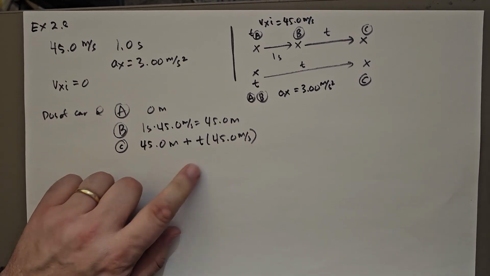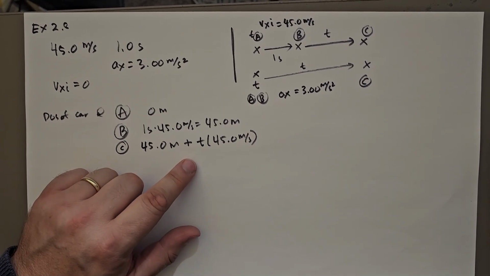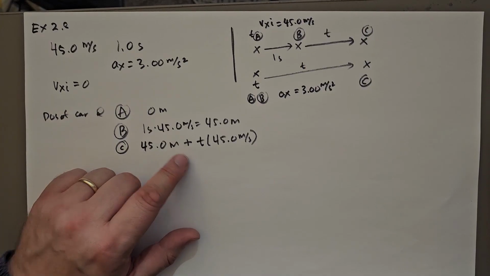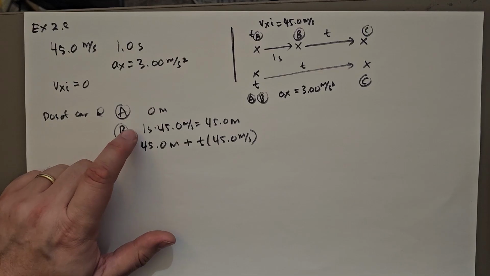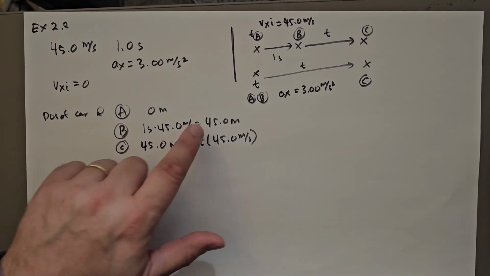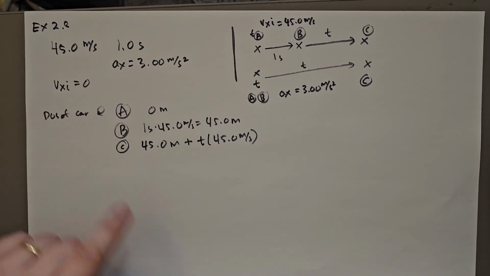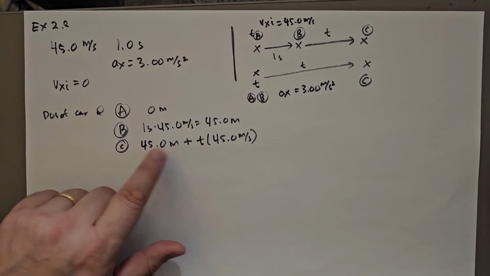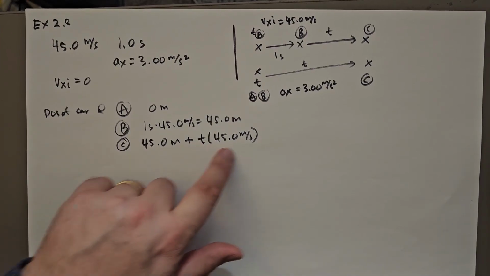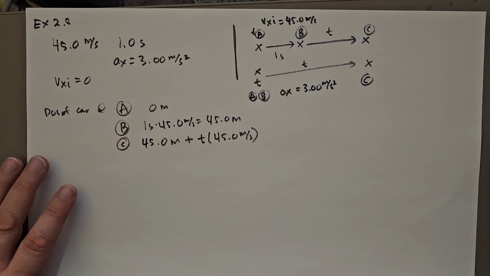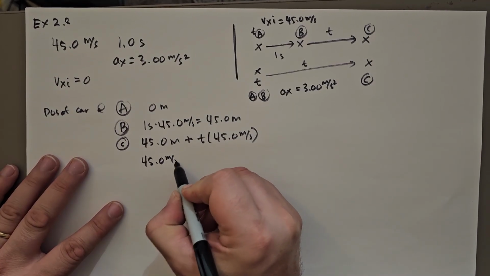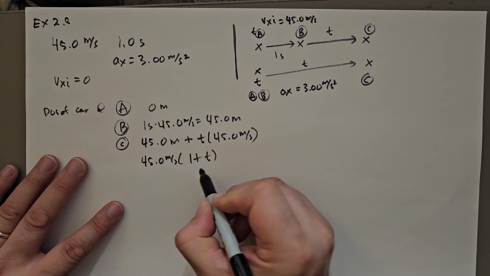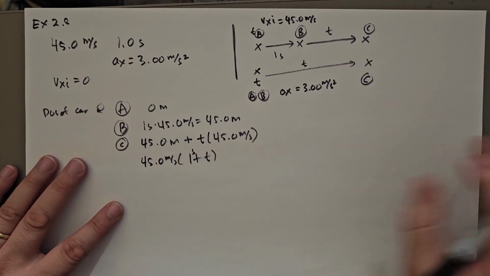And so at time t equals 0, the car is at 0. At time t equals 1 second, it's at 45 meters. And at time C, it's at 45 plus the distance traveled after that. We can rewrite this as 45.0 meters per second times 1 plus t, 1 second plus t. Okay.